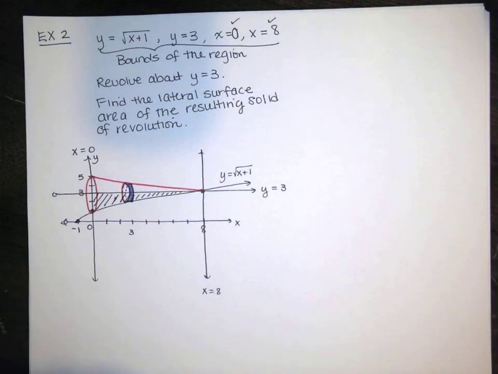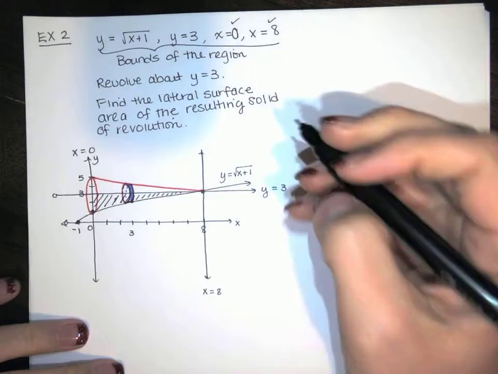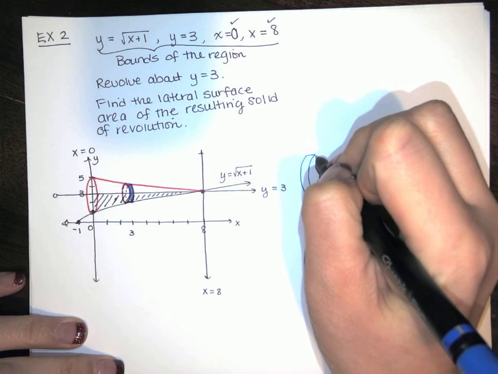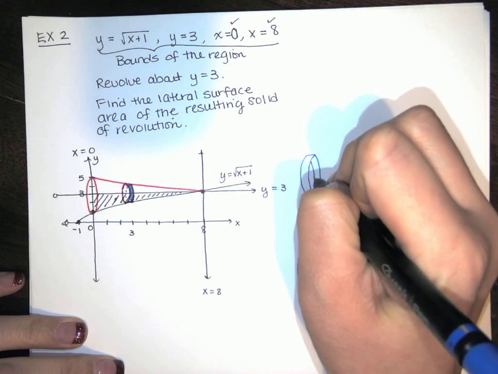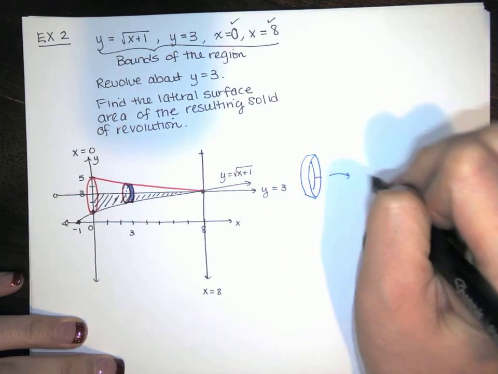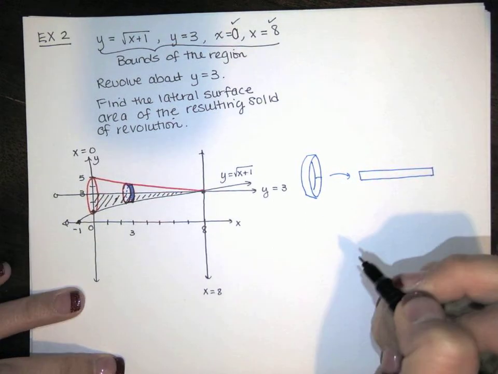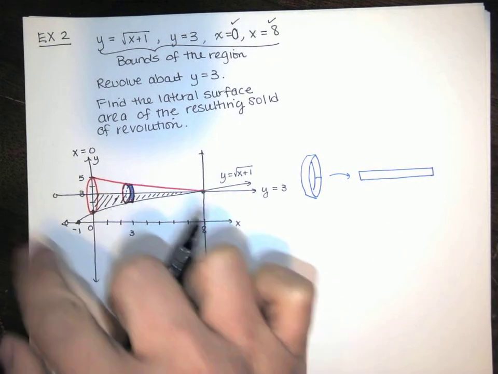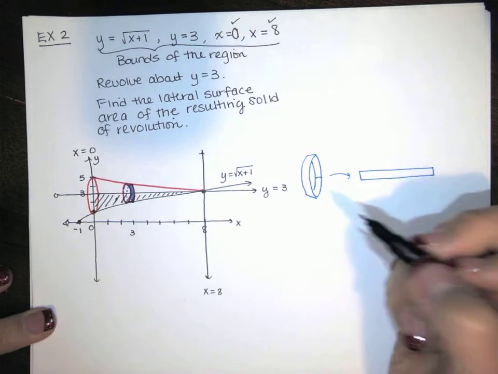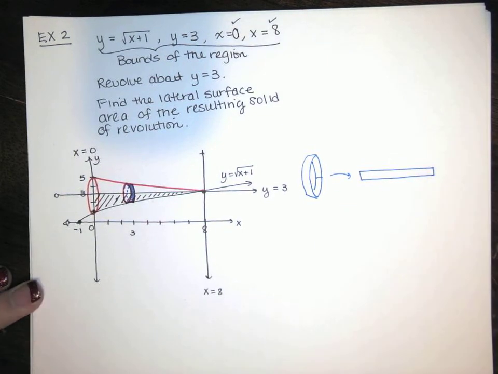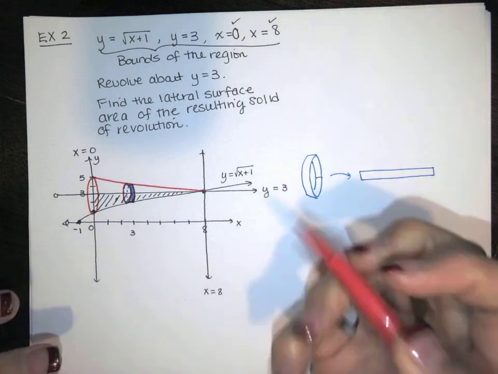Okay, so I'm taking this little strip of paper, and I'm unfolding it. And then I'm laying it out flat. The lateral surface area of the solid of revolution is equal to the surface area of this little strip. Now the surface area of that strip comes from these two dimensions.